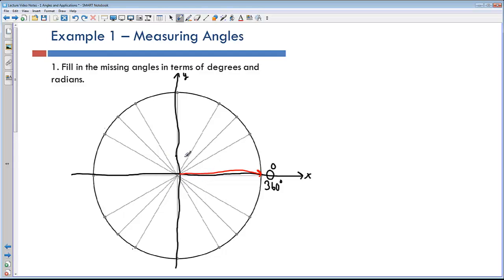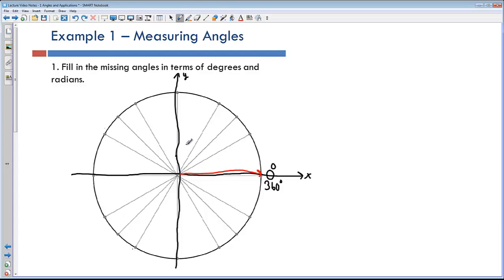So negative 360 would go clockwise, right? 360 is counterclockwise, negative 360 is clockwise. So that's 0 degrees, and then all the way around is 360. We can use the geometry of the circle to figure out what the other degrees are. Even though you probably know them, I want you to see how you can build them using the geometry of this circle and basically telling time in a way.